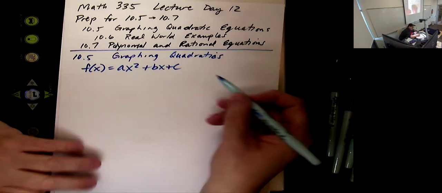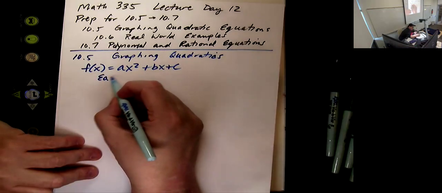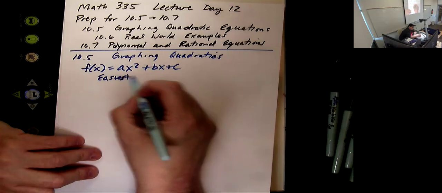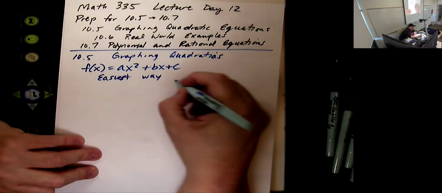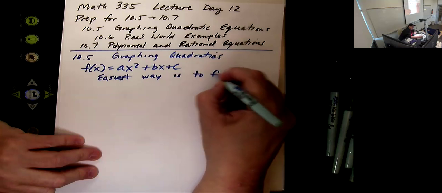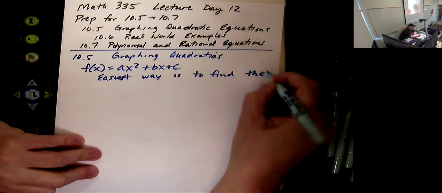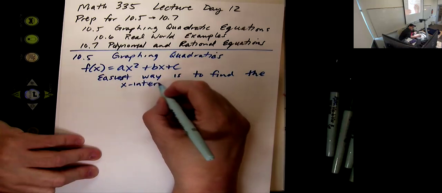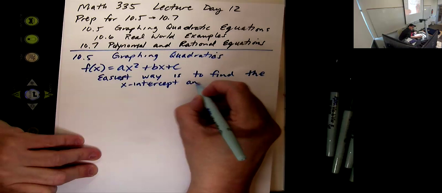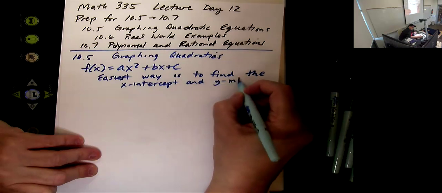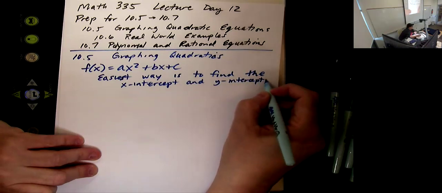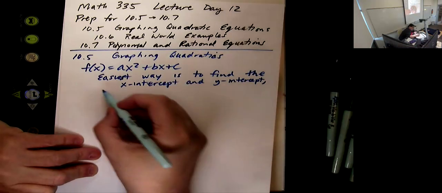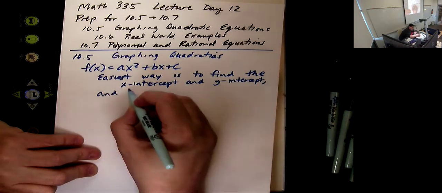The easiest way to graph this is to find the intercepts, the x-intercept and y-intercept, which we've done before, and find the vertex.